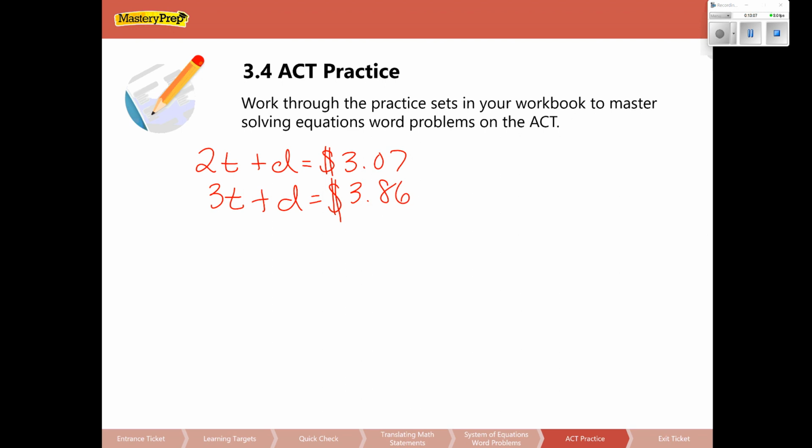Now there's different ways we can go about getting the answer. Because we could try to figure out how much each taco costs. Because the only real difference between these 2 is that we have 1 more taco, yes? So how much did the price go up?